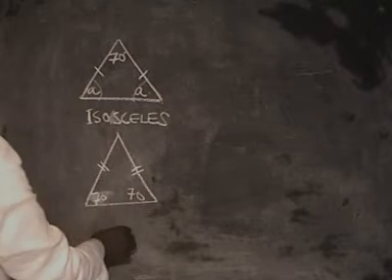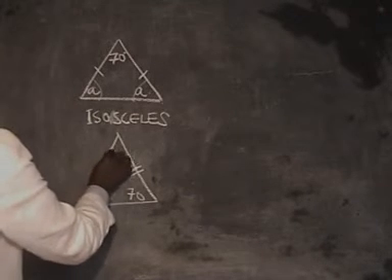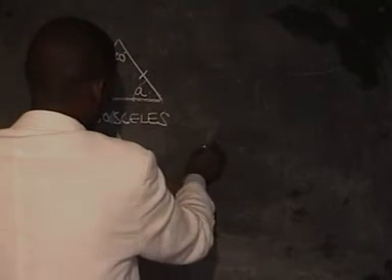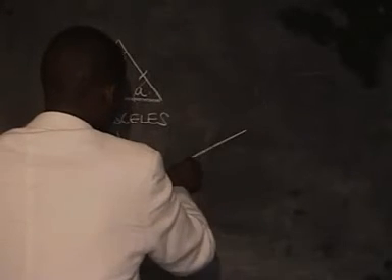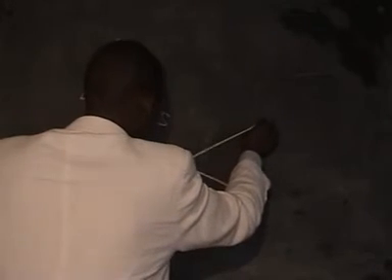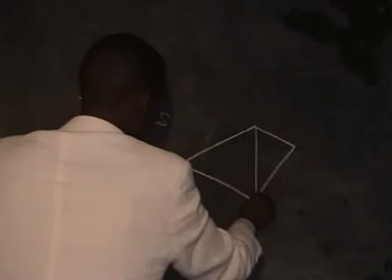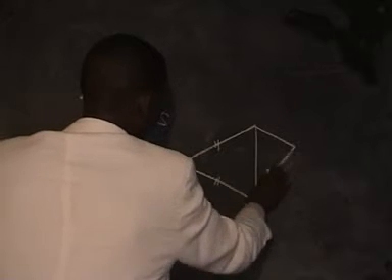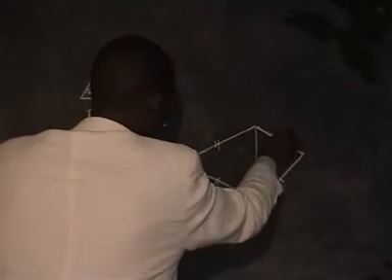So to get the third angle, 70 plus 70, you get 140. Then 140 from 180, you are going to find that this is going to be 40 degrees. Such a triangle is an isosceles triangle. At times, the two isosceles triangles can be joined together. You join the two isosceles triangles together, this and that equal, and let's assume that this and that are also equal.